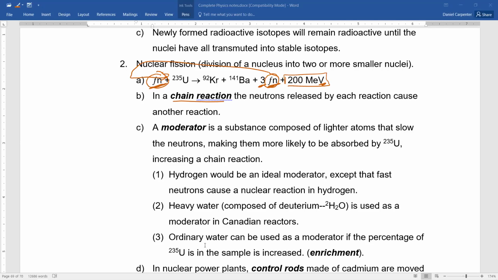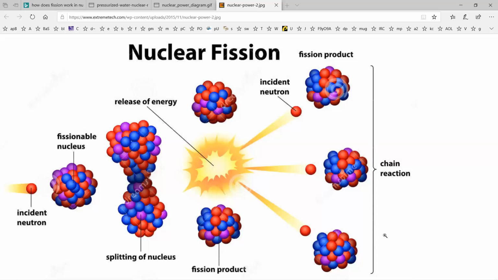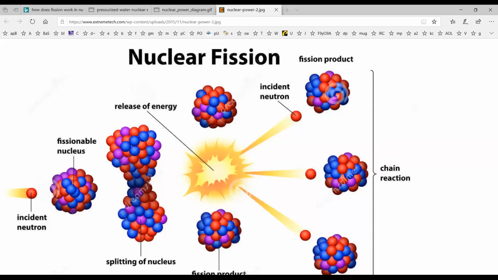There it is. All right, so nuclear fission and chain reactions. Got a cute little picture here. I'm going to share a different screen. Okay, now with any luck, you should be seeing a picture in my browser.